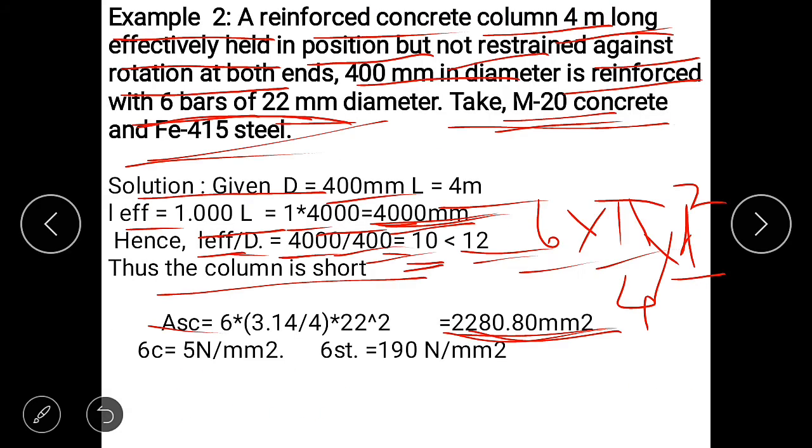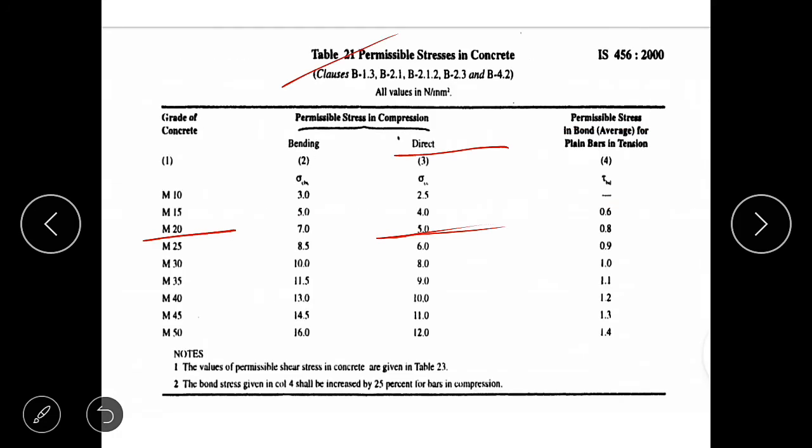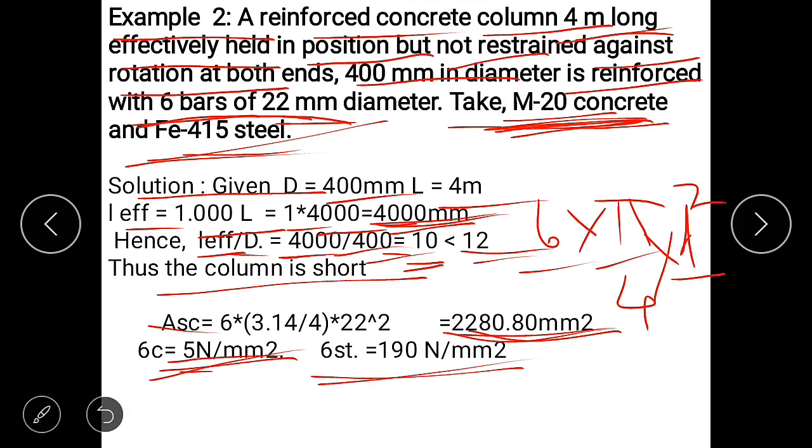So we take sigma cc as 5 Newton per mm square for M20 grade. Now sigma sc for Fe415 steel for a column is 190. The stress in steel is 190. So here we have to find P, the load on the column.